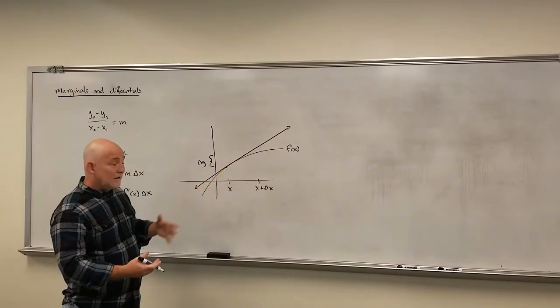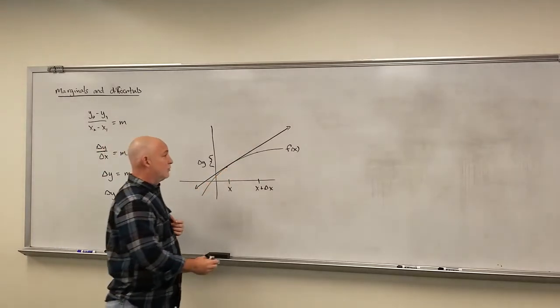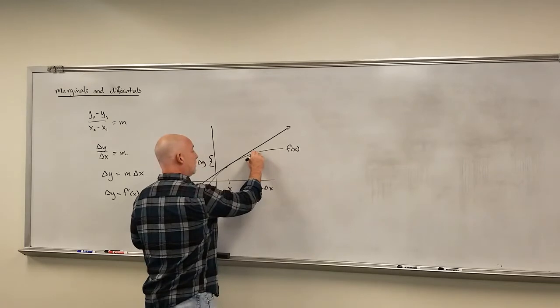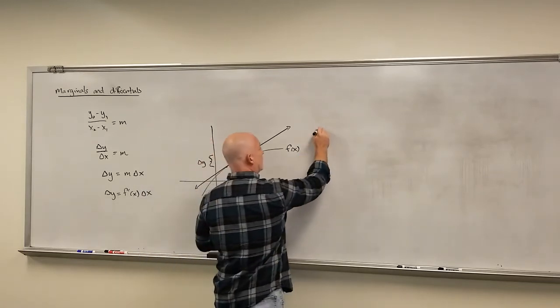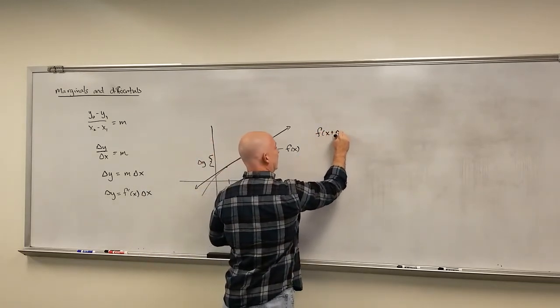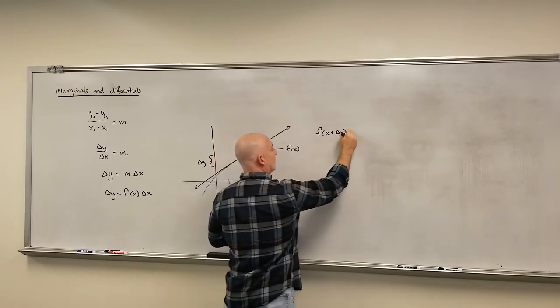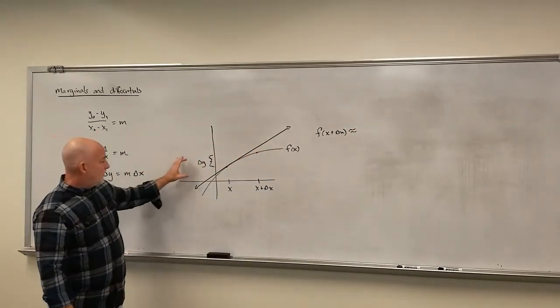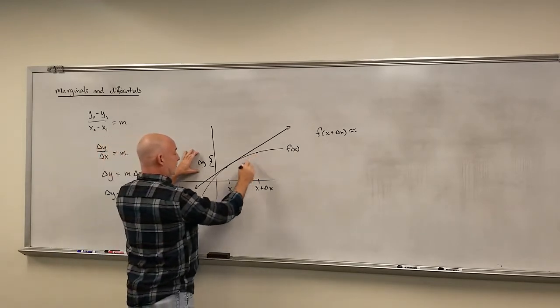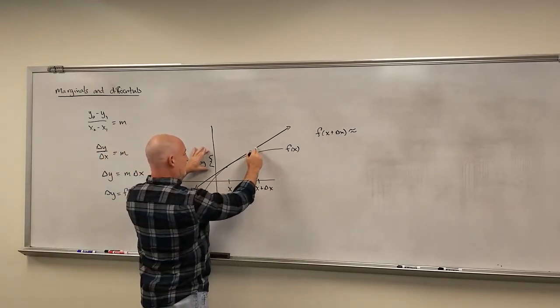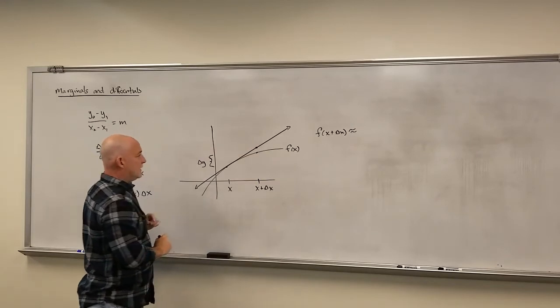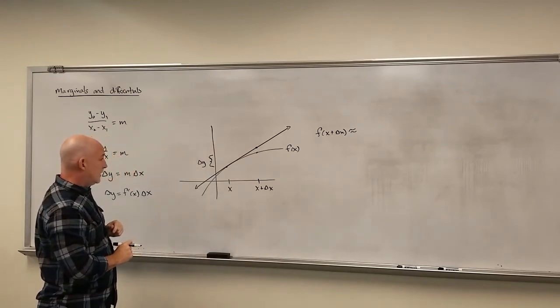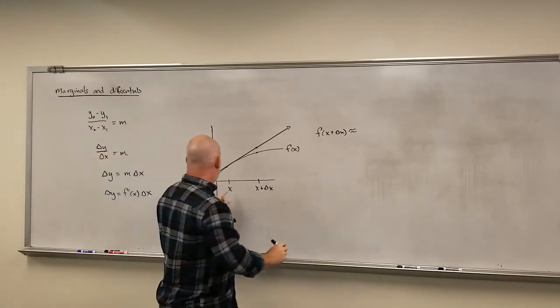Well, the picture ends up being exactly the same as what we did before. If I want to know what f of x plus delta x is, well, that's going to be approximately equal to, think about what we did here. I'm looking for this value. I know that this change from there to there is delta y, right? So we would have our original function here.